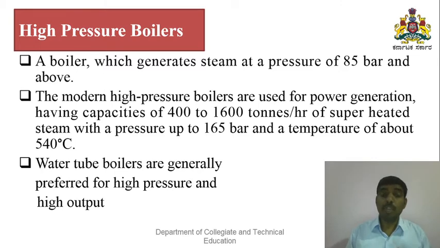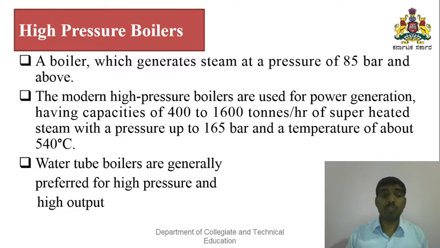These are the main criteria of high pressure boilers. They are used in power plants for producing power in a high range, say 210 megawatts or 500 megawatts. For that purpose we call this a high pressure boiler.